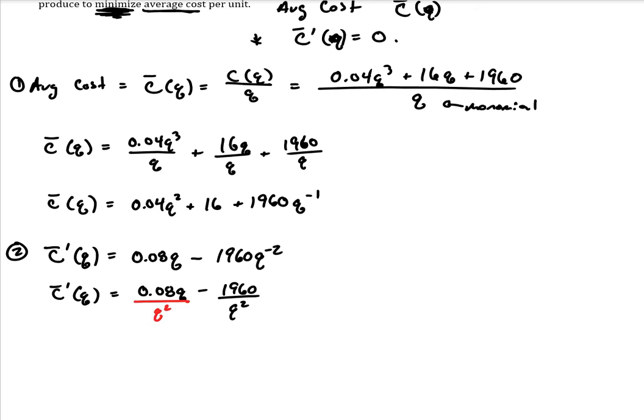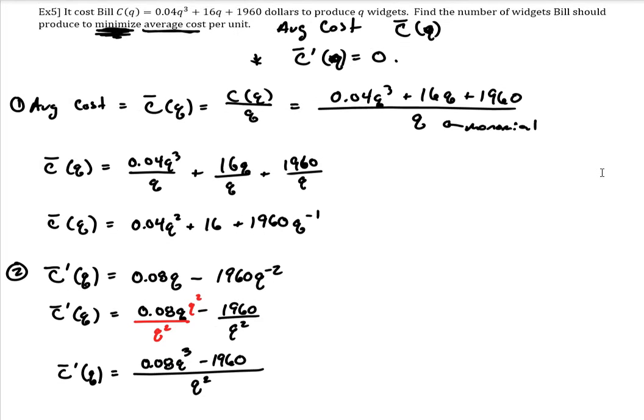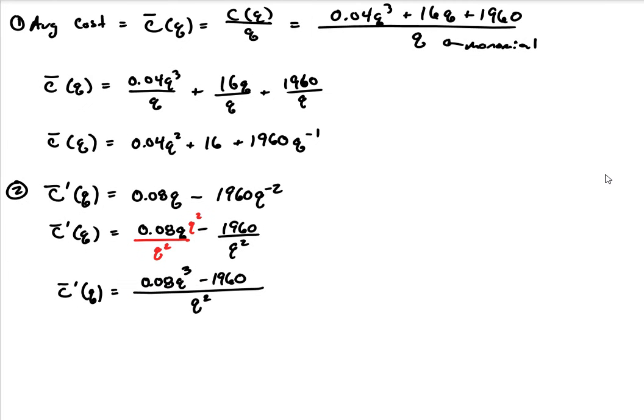So this needs a q squared underneath, which means I need to multiply the first term by q squared as well. Okay, so a few things there in one step, so that I have a single fraction bar. And in my numerator, I still have the 0.08q, it would be cubed, minus 1,960. Okay, so this is our derivative of the average cost.